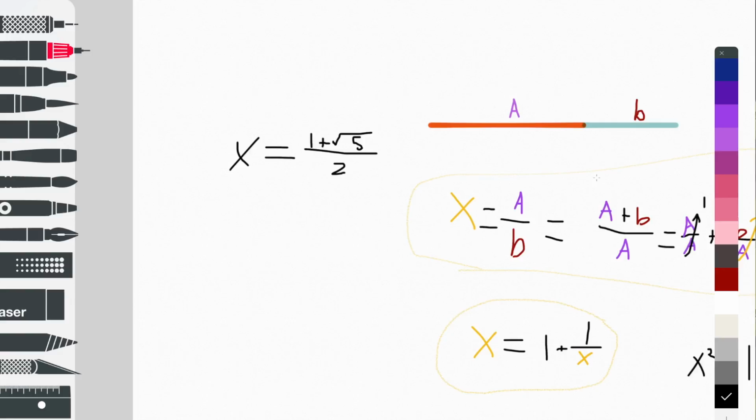Now, this thing, let's get out the calculator to solve it.